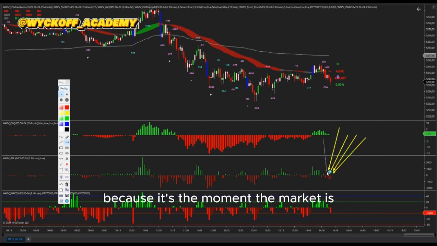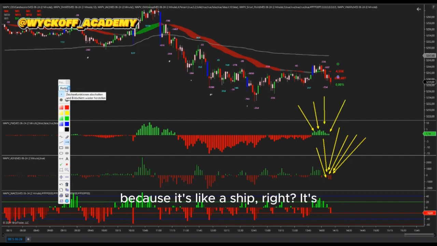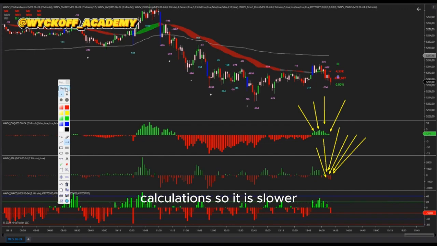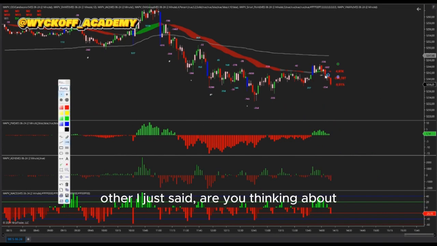The aggression turns first, because it's the moment the market is happening, and here the force exit turns later, because it's like a ship, right? It's adding up everything. It has a volume with some more calculations, so it is slower in relation to this exchange here, from one point to the other. I just said, are you thinking about buying?